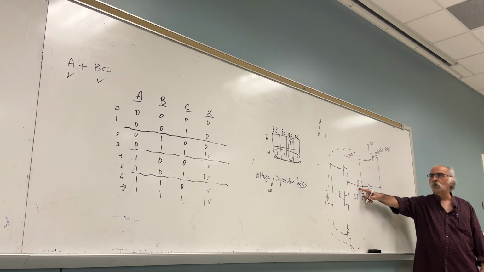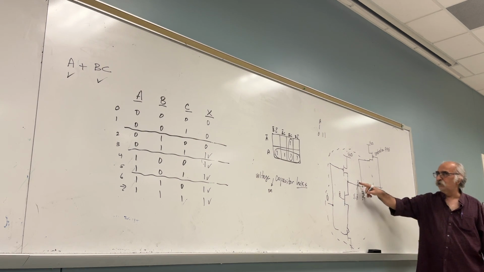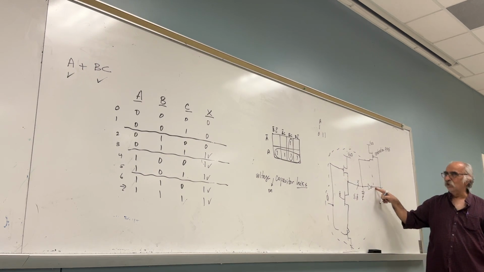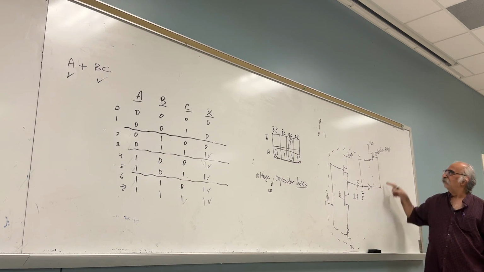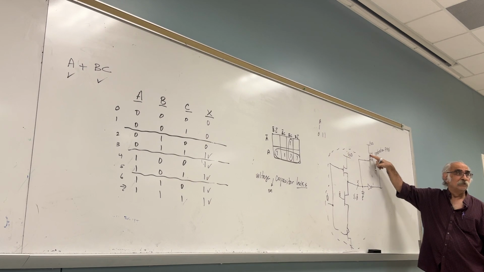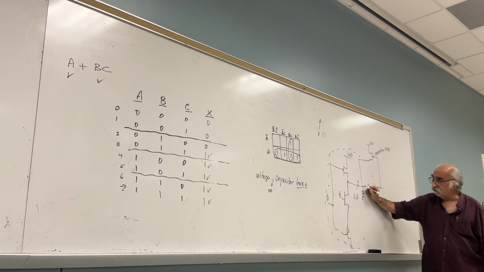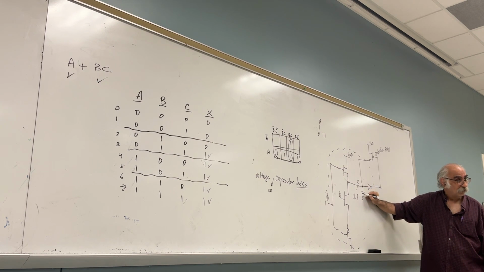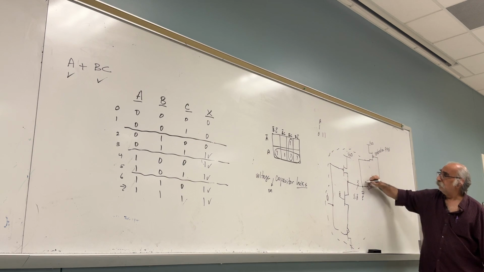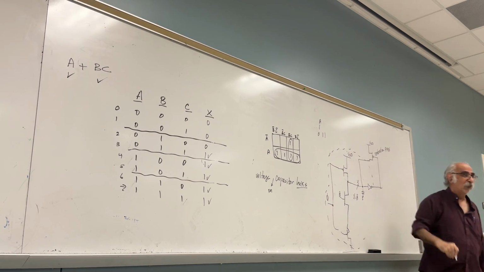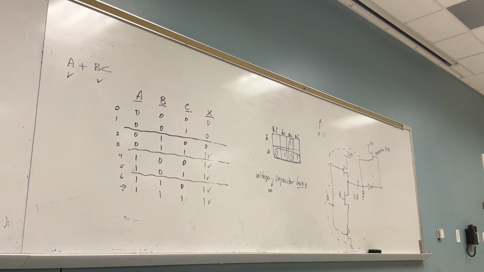If X is equal to 1, what is this one? 0. On. PMOS passes a strong 1. So even if this point begins to leak, what will happen? Stays 1. This one will pull it to 1. Did you get it? Yes.